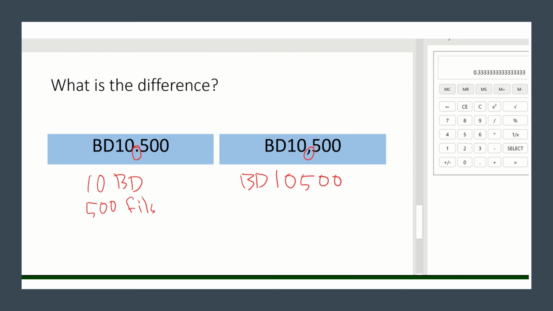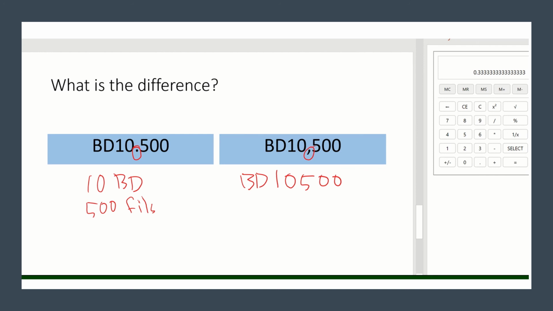The comma does not exist. It is only for reading. So the actual number is 10,500. If you put the point, then the whole number will change. It will become only 10 BD, which is wrong, and your whole problem will be wrong for solving it. So pay attention.